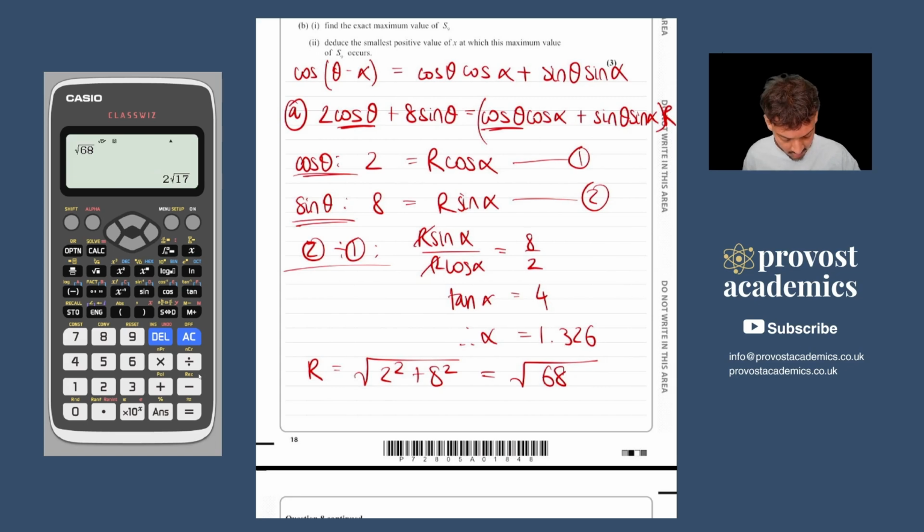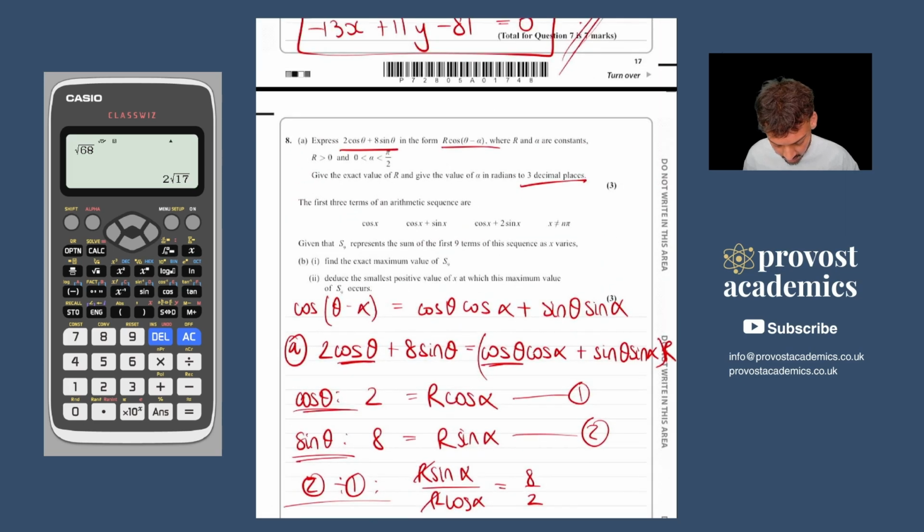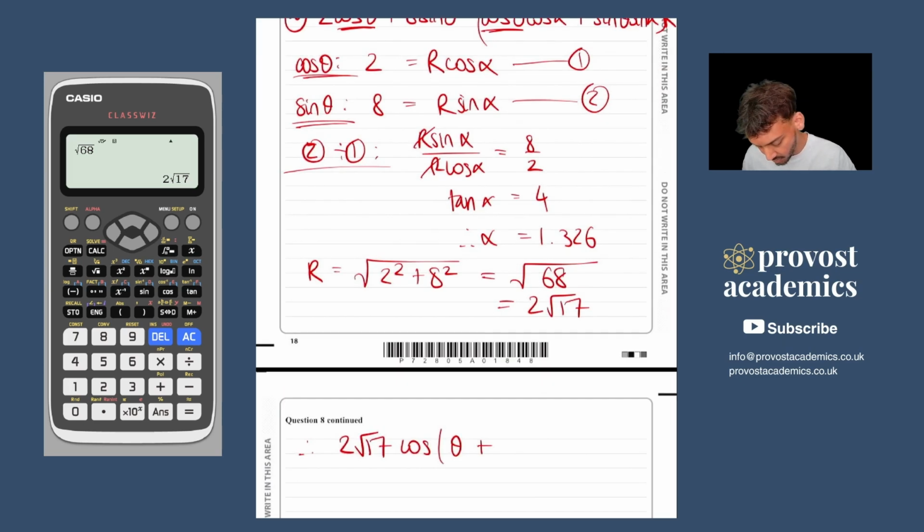Yeah, there is. 2 times, okay, so 2 root 17. So therefore, what we're looking for is 2 root 17 cos of theta minus 1.326. And that's my answer.